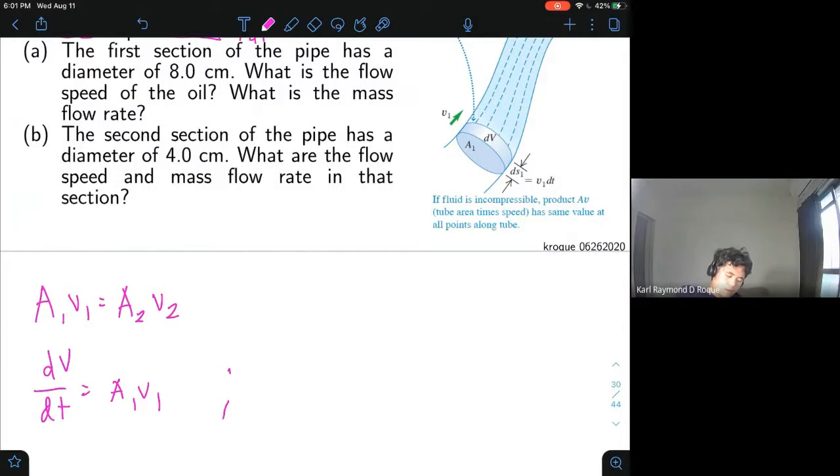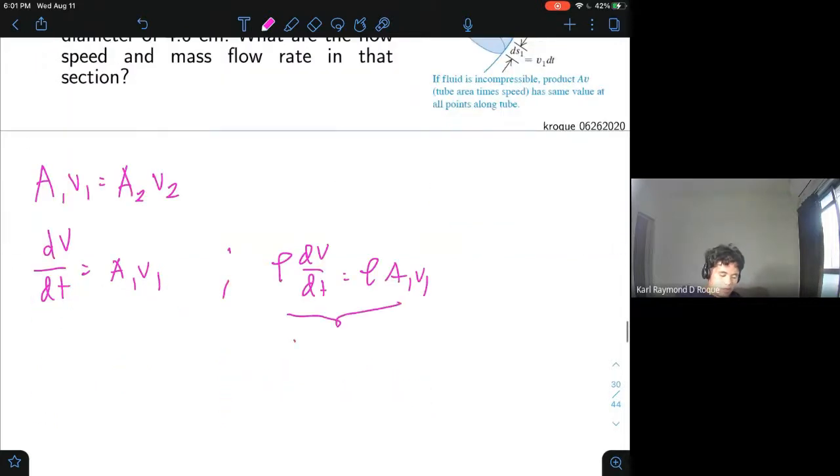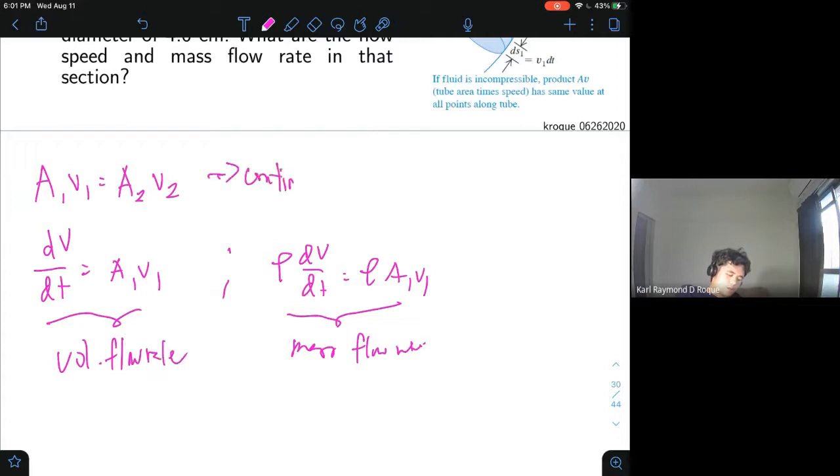Tsaka rho dV over dt equals rho A1V1. Mass flow rate, volume flow rate, continuity equation.